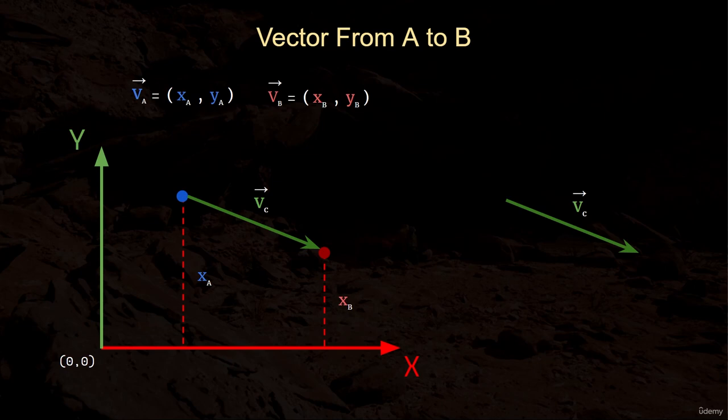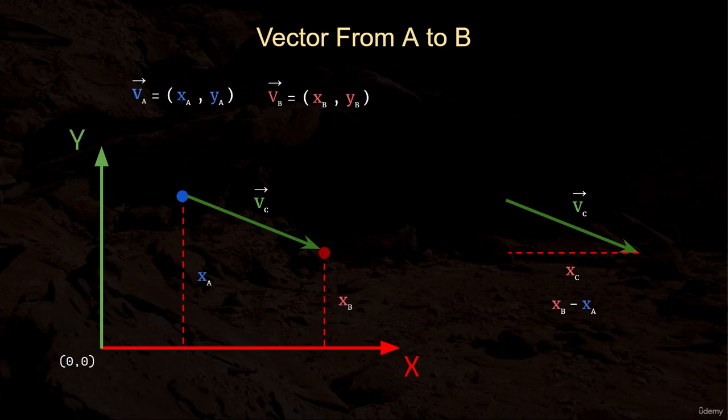And what we want is the distance along the x direction from the blue point to the red point. That's going to be our x component for vector c. So we can simply take xb and subtract xa from that. We have the total distance from the origin to xb and the total distance from the origin to xa. We subtract a away from that and we get that distance in between.